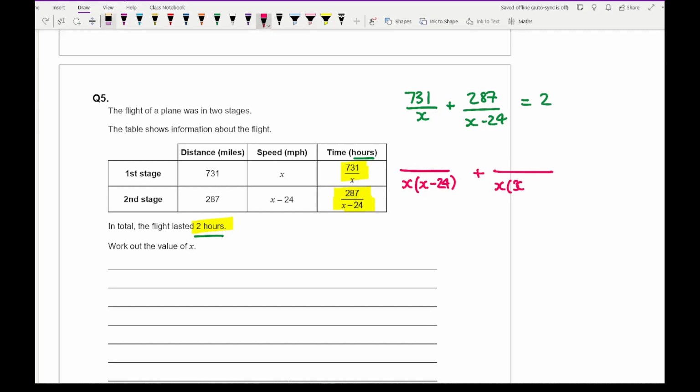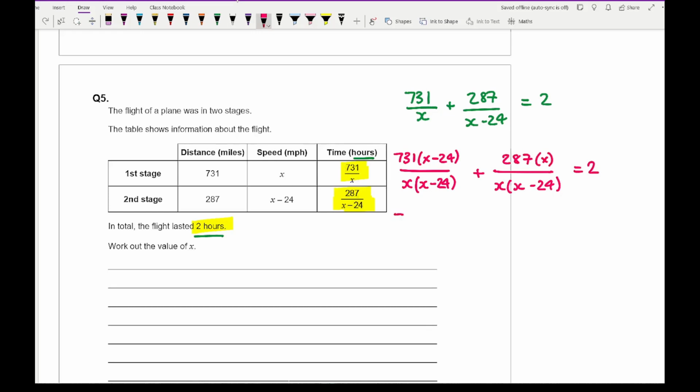With the first fraction, I've multiplied it by the other denominator, so that's going to be 731 times (x minus 24). And the second fraction, I've multiplied by the first fraction's denominator, so that's going to be 287 times x, and again that equals 2.